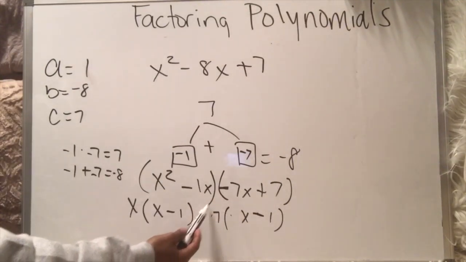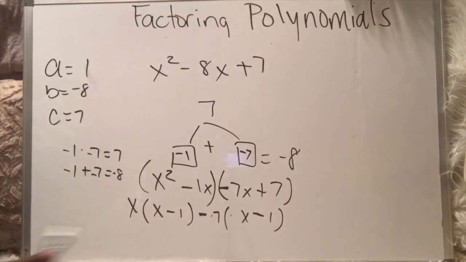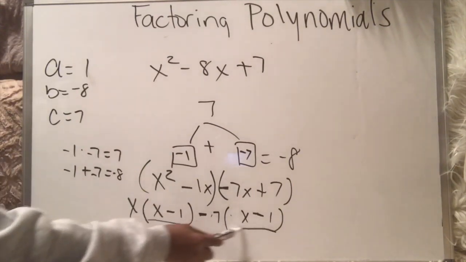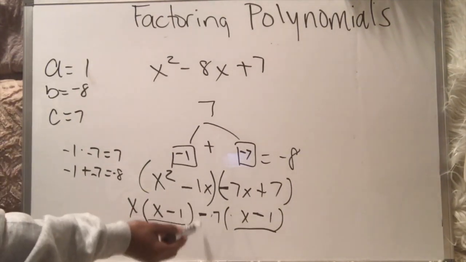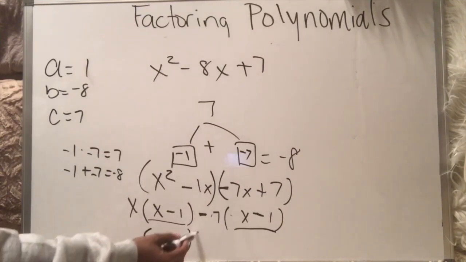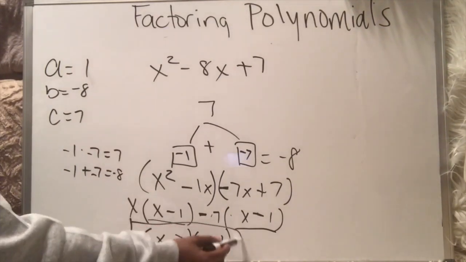So if I distribute it back, I would get negative 7 plus 7, so that's fine. I just changed all my signs on this side because I need this and this to look alike, and they do. So it's no longer plus, it's minus. So I can do x minus 7 and x minus 1. And that is how I factor.